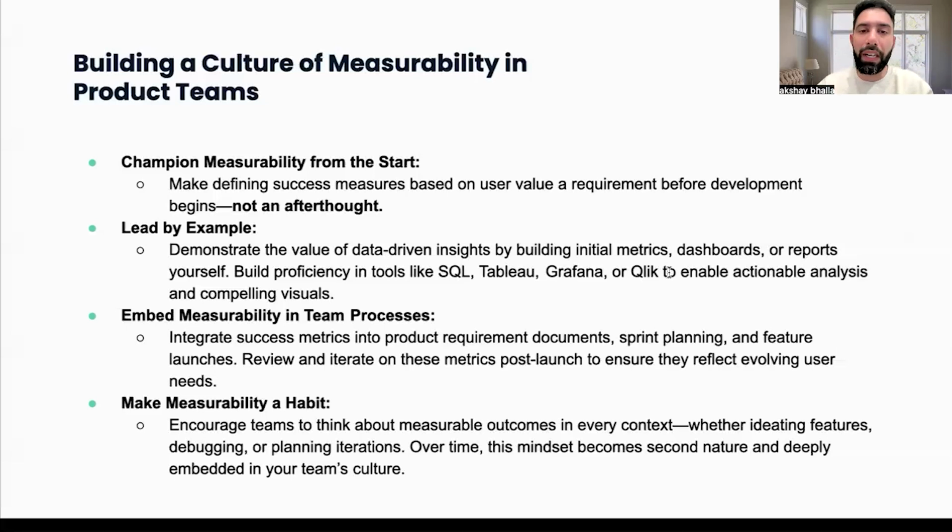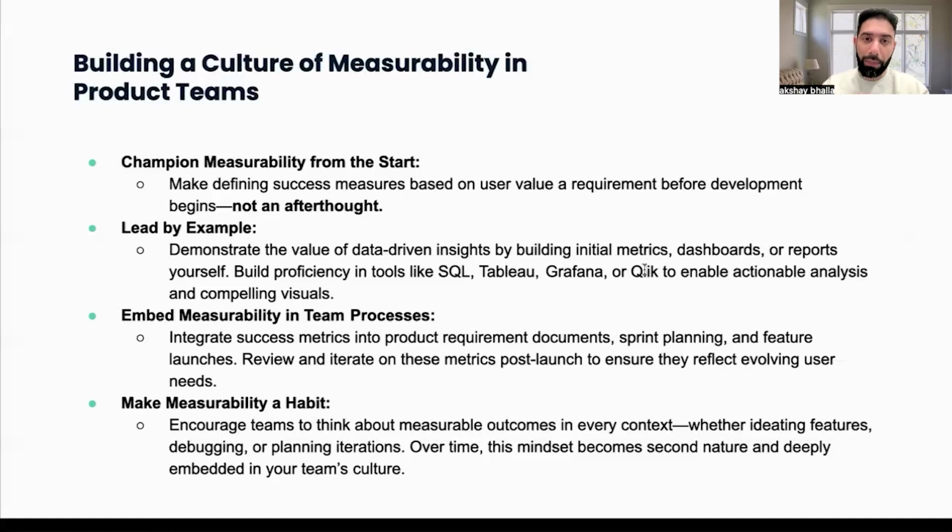Third, always and always lead by example. If you won't do it and you just preach it, essentially the team will not adopt it. Sometimes being an advocate for measurability means really rolling up your sleeves. I personally built metrics and dashboards in SQL and visualization tools like Tableau, Grafana multiple times just to demonstrate how actionable insights can drive better decisions for the users.